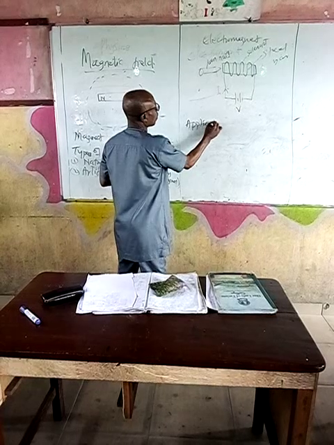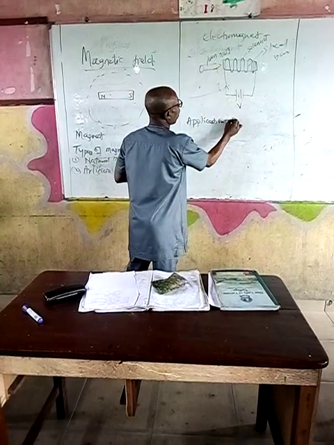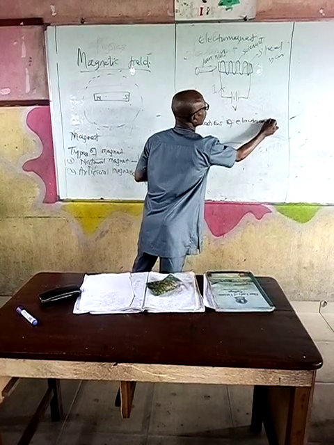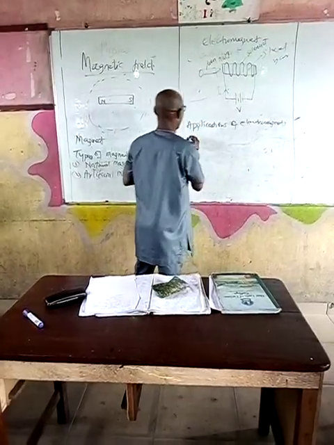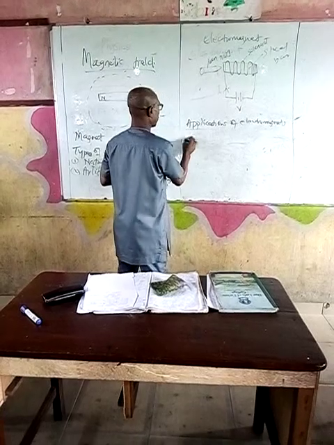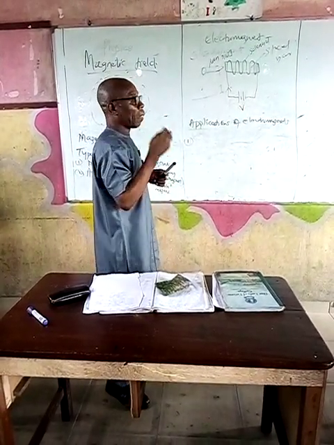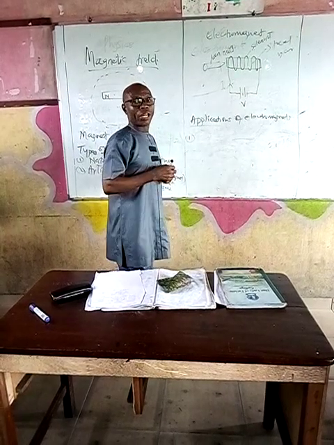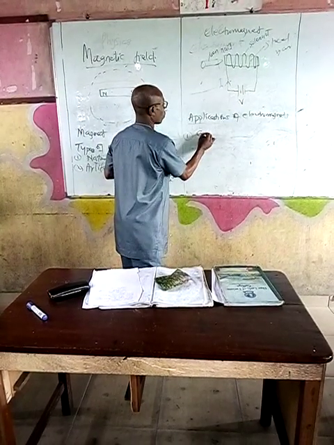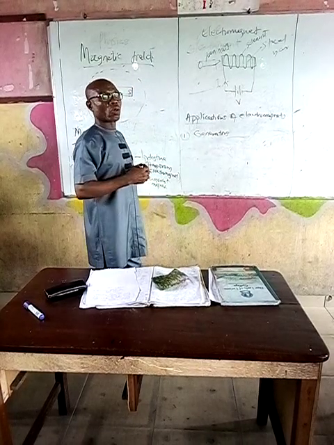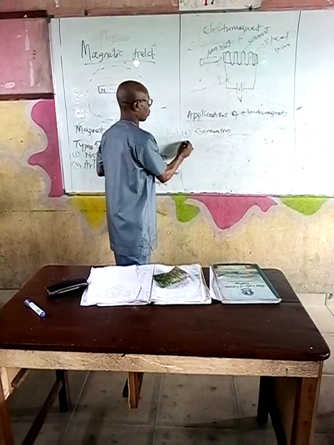Applications of electromagnets. It has many applications. One, it is used in construction of generators, and also in electric motors.